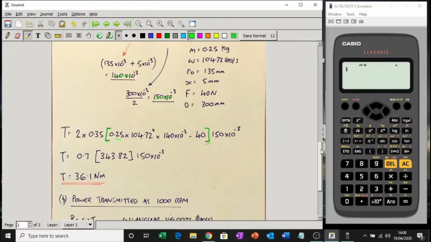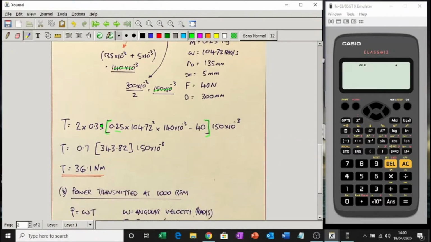So step by step, obviously you can do all of that in one go if you want to. So 2 times 0.35 in my book is 0.7. And then all of this, so 0.25 times by 104.72 squared times by, let's put a bracket on that just in case.